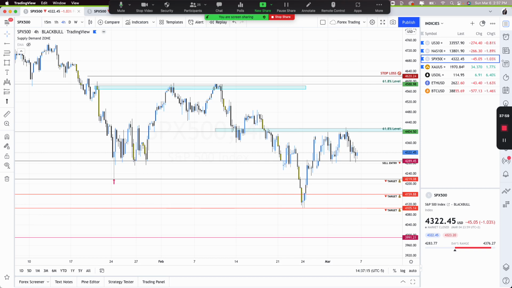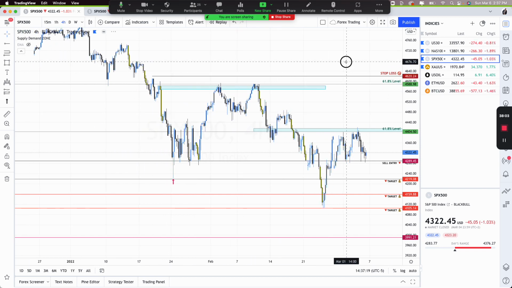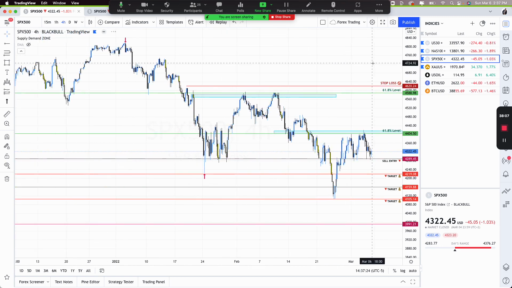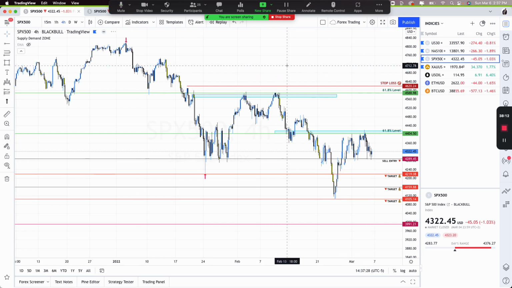Could you show an example applying this to trading HFX? All right. Let me go to a non-index to show this on HFX. What pair do you trade, Ken? Euro USD.